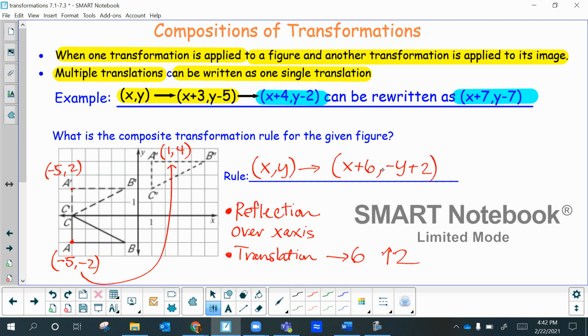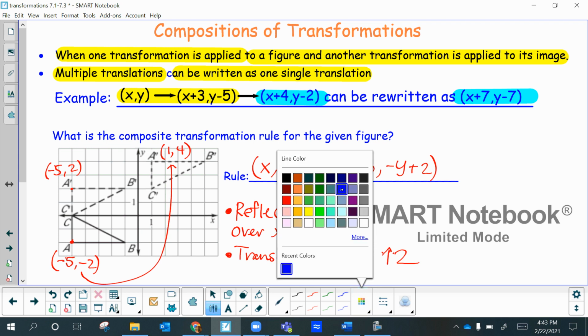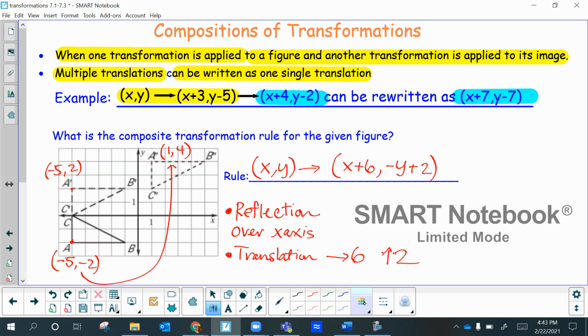Now, the last thing you need to do is check and substitute A into this rule and see if it comes out with A double prime. So A is at -5. If I plug in -5, add 6, and then for y, y is -2, so I have a negative, and I'm going to plug in -2 plus 2.